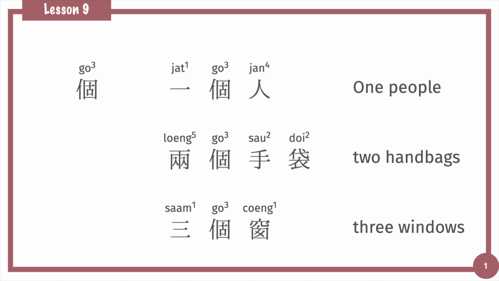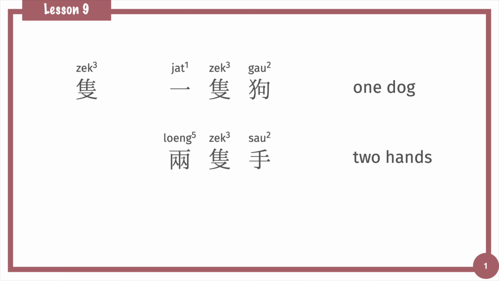個 is a general measure word, often used for people or abstract items, such as 一個人, one people, 兩個手袋, two handbags, 三個窗, three windows. Other measure words are more specific, like 隻 used for animals or a single item from a pair, such as 一隻狗, one dog.